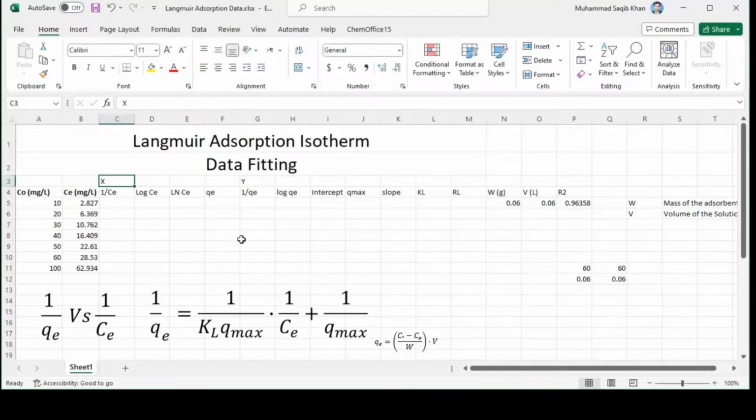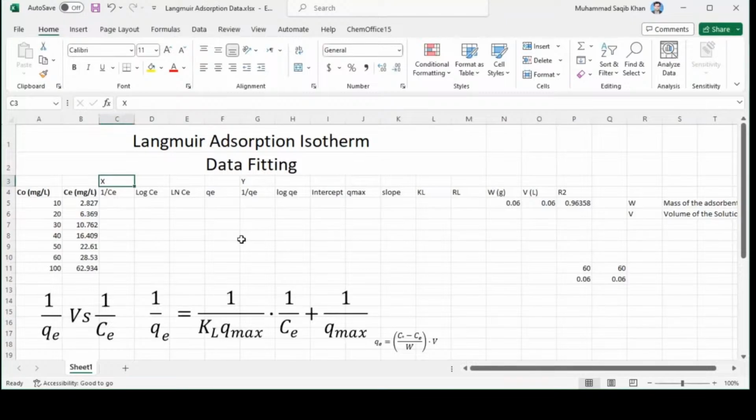Control C and Control V, and delete these values which are also copied. We do not need these values. Now make a scatter plot. 1 over CE is our x-axis, 1 over QE is our y-axis. So this is the plot of 1 over CE versus 1 over QE.